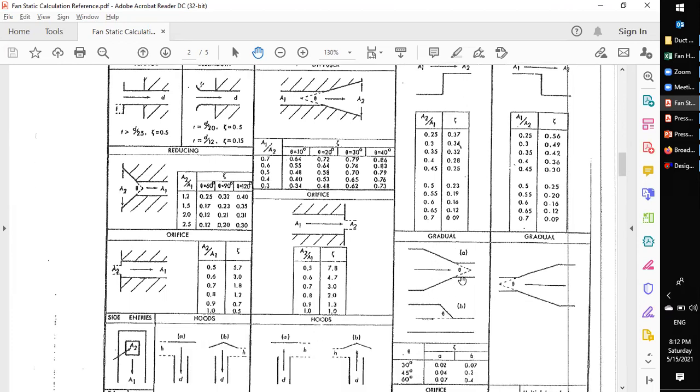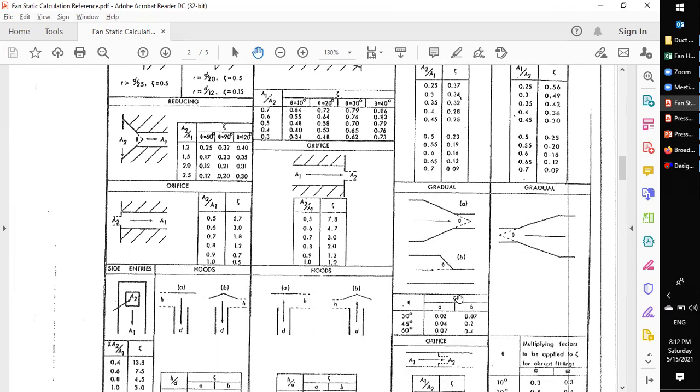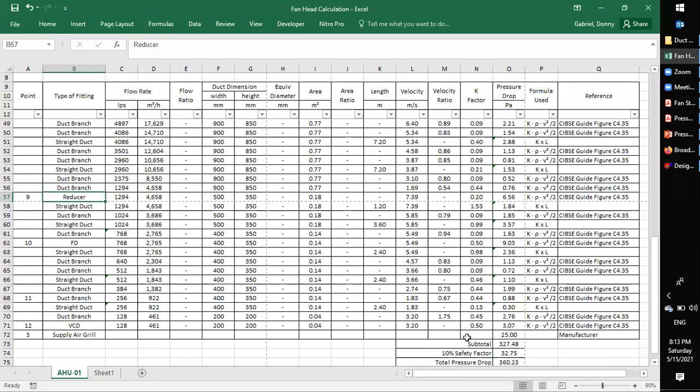Contraction is also based on your angle. Let's say 45 degrees, you could see here, A or B, this way or this way. We're going this type of reducer at 45 degrees, 0.2. So you can see here, reducer 0.2.